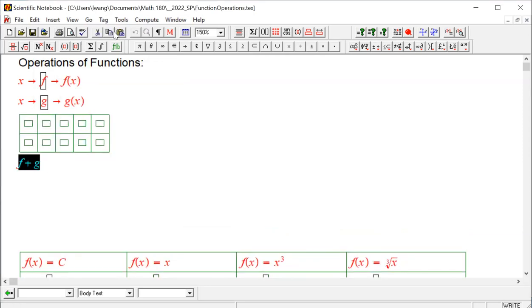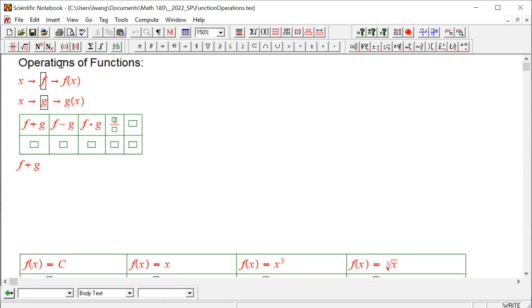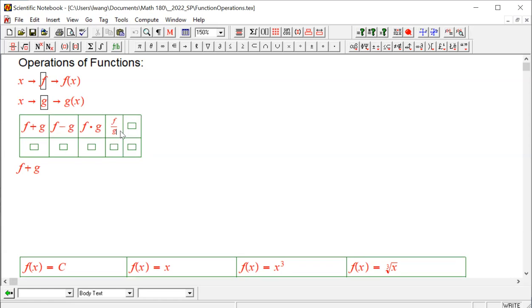We can add these 2 rules, subtract these 2 rules, multiply these 2 rules, and divide these 2 rules. And there's another operation which is relatively new: composition. Before we look at composition, let's look at each one of the rules.